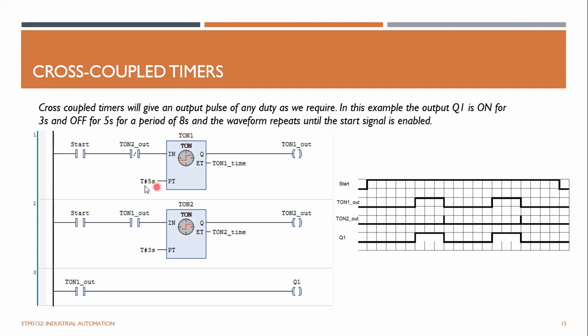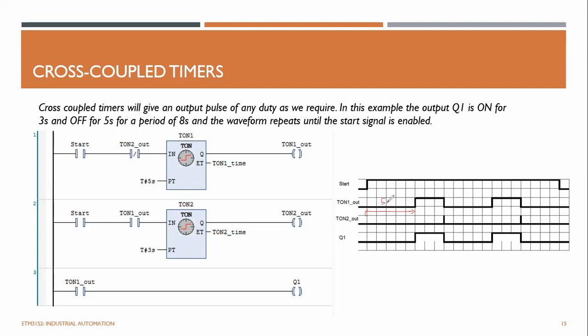I have defined this preset time as 5 seconds for the T1 timer, which means when it is starting, it is counting 5 seconds and turns on its output after 5 seconds, right? So it's a simple T on timer.